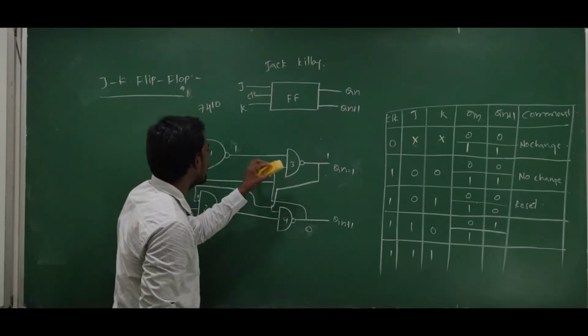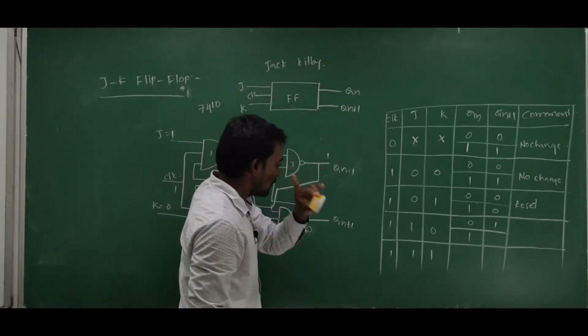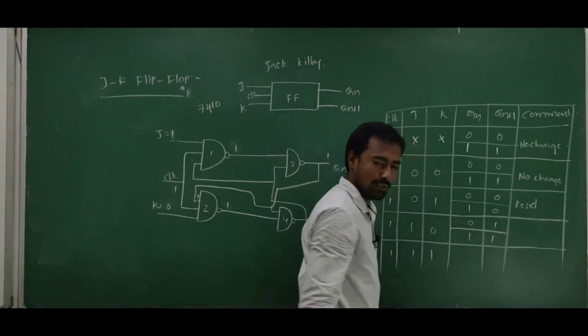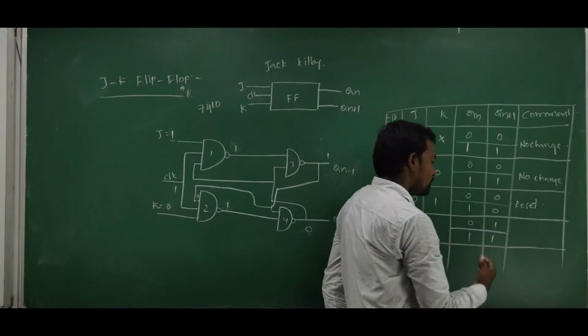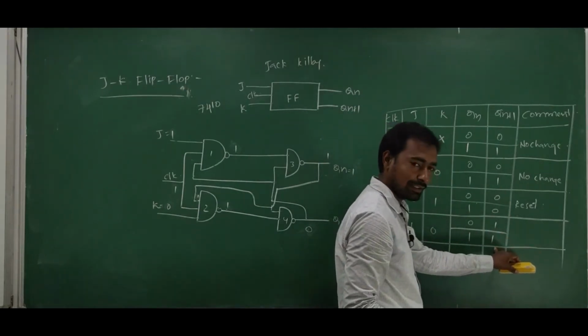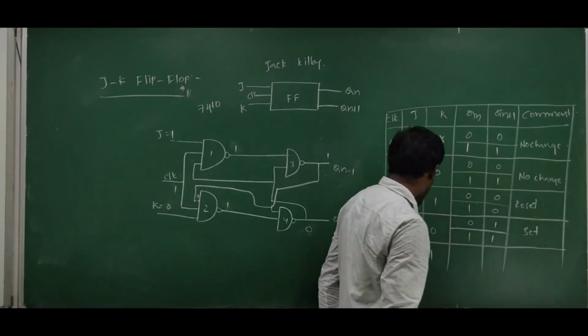Okay, and here 1 cross 0 is equal to 0, 0 complement 1. So here we are getting the output is equal to 1. So outputs are active high, that means here we are getting the set condition.